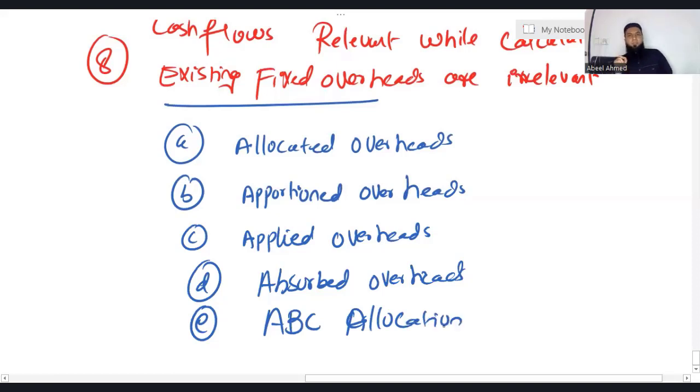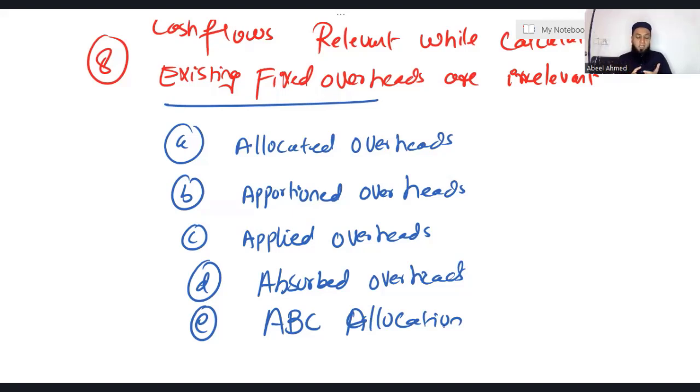Actually, the difference between absorption costing and ABC costing is only one. In absorption costing, we have an objection: they basically do unfair allocation of overheads, because absorption costing normally has just two bases to allocate overheads, one is labor hours, and another, most of the time, is machine hours. Under ABC costing, we claim that overhead allocation will be fair, but in absorption costing, allocation of overhead is unfair.